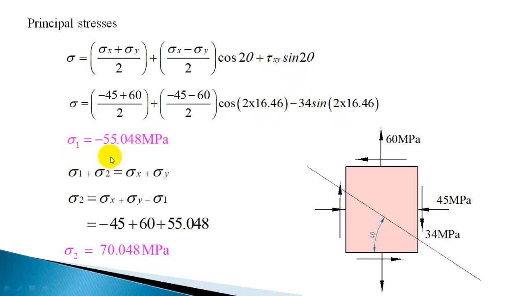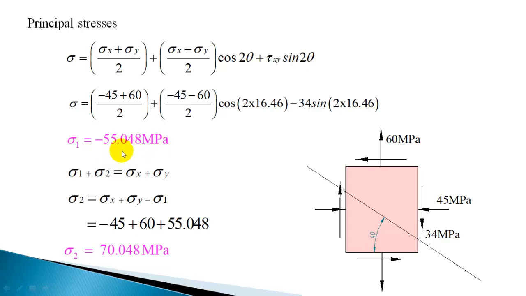You get sigma 1 as minus 55.048 megapascal. So that means on that particular plane, 16.46 degree plane, you have a compressive stress of that magnitude, and this is one of the principal stresses.